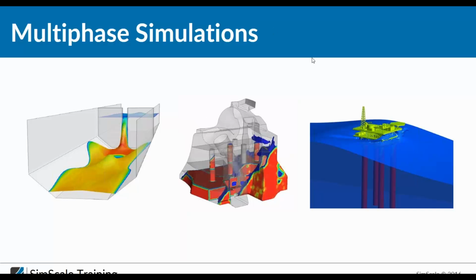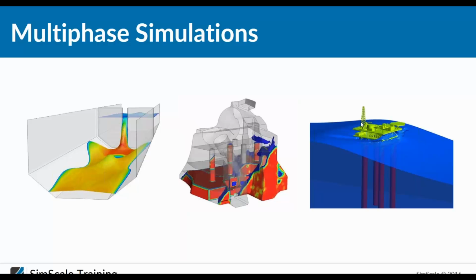For example, in the middle you see a simulation of a race car fuel cell, and what was simulated is how the fuel is moving in this tank during cornering, which we call a sloshing simulation. Another good example is the simulation of this offshore oil plant.